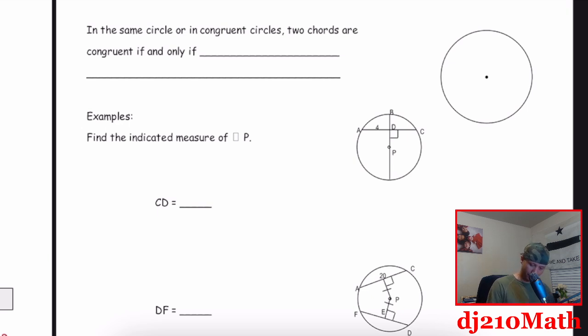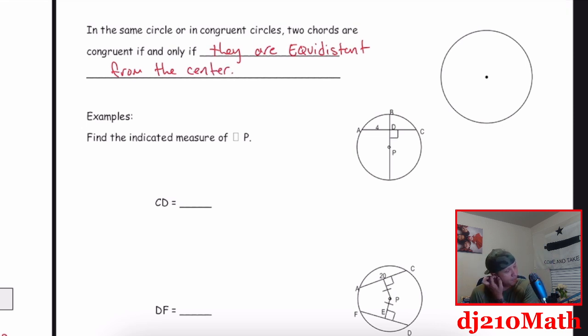So what this is saying is, let's say you have two chords.